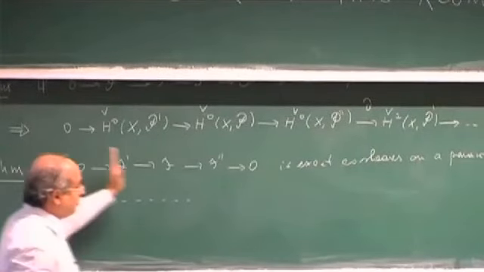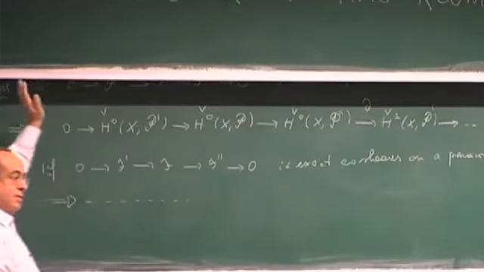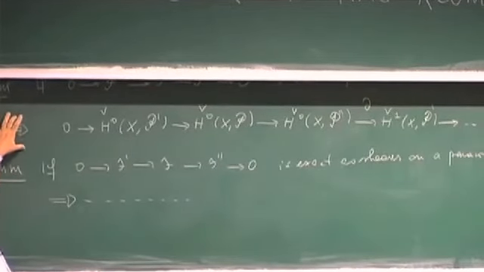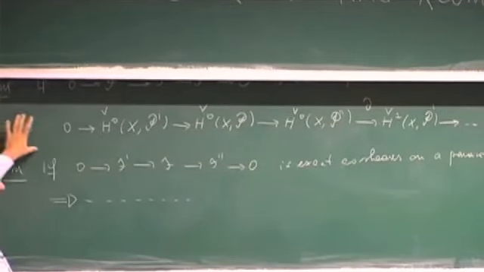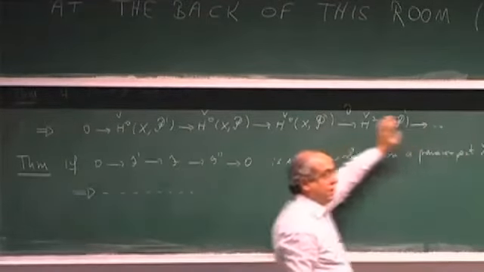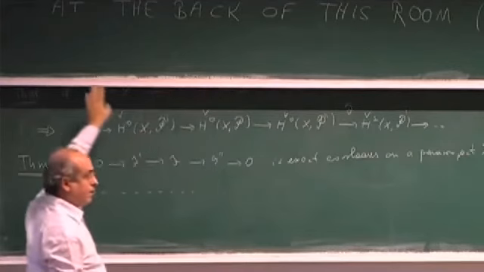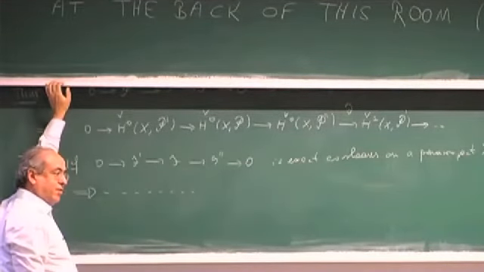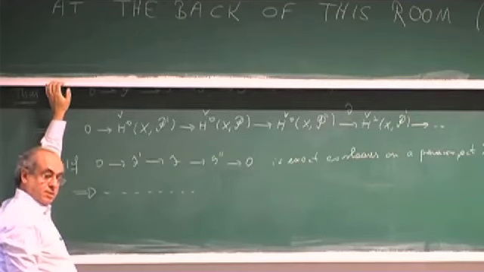So the paracompactness of the space comes to our rescue and allows us to write a long exact sequence of cohomology anyway. A space is paracompact when it is Hausdorff and every open cover has a locally finite refinement.